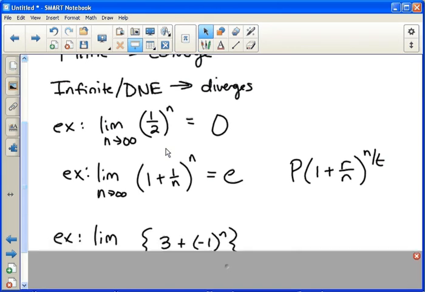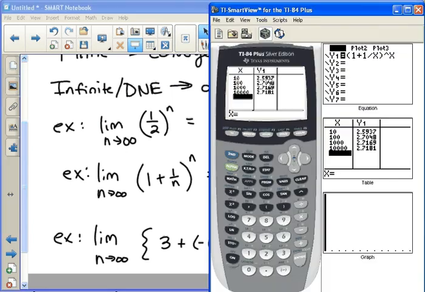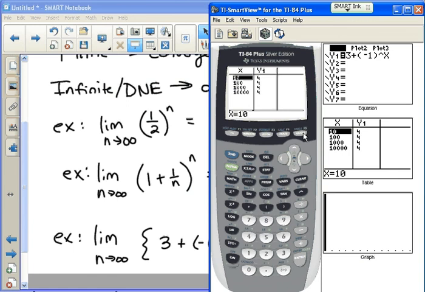Let's do the limit as n approaches infinity of 3 plus -1 to the n. So we do 3 plus -1 to the n. And clearly the limit's 4, right? Actually, it's wrong. This is a tricky one, and this is one reason I brought this one up.